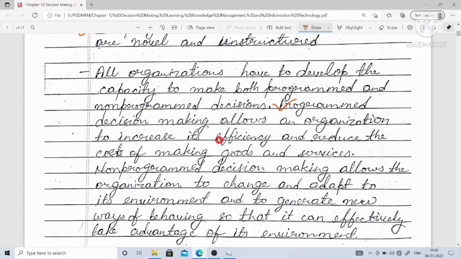It increases efficiency and reduces the cost.